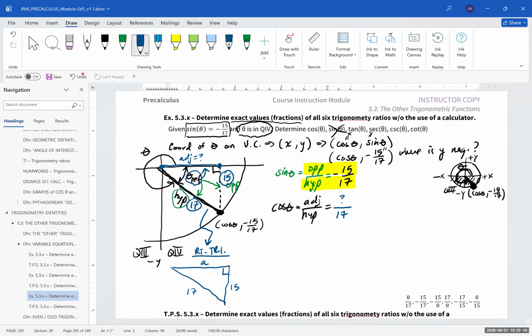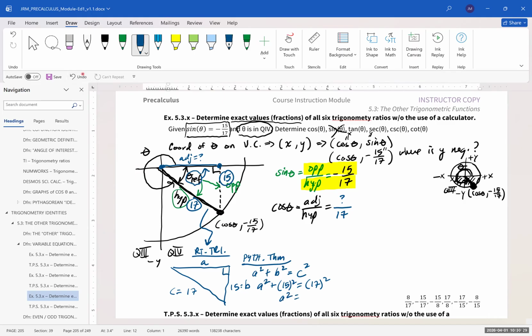That's our adjacent side. Well, we need to use the Pythagorean theorem. The Pythagorean theorem is a squared plus b squared equals c squared. So we have a, this is b, and c is the hypotenuse. So we have a squared plus 15 squared is equal to 17 squared. This will leave us with subtracting 15 squared from both sides.